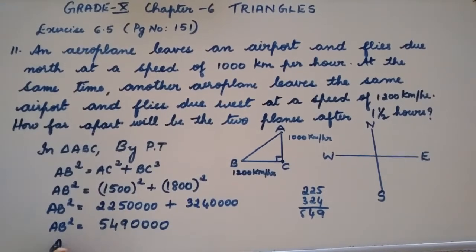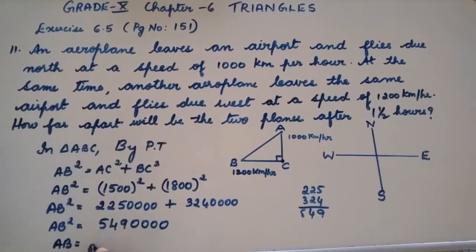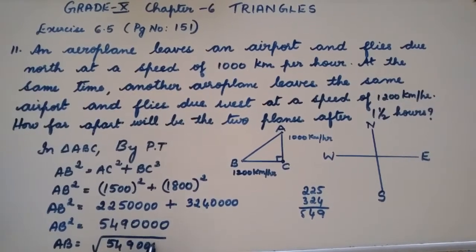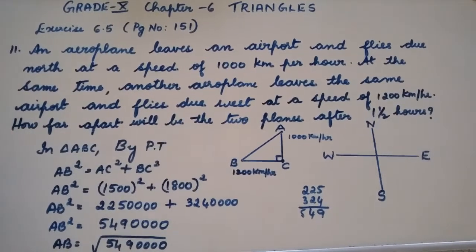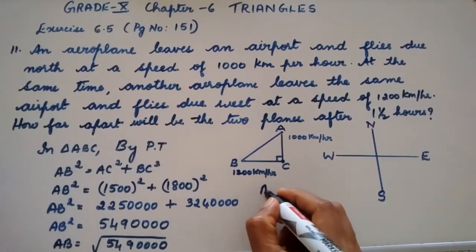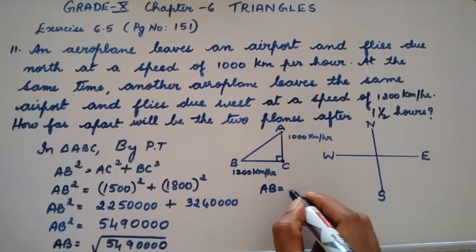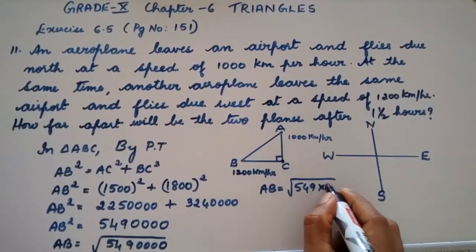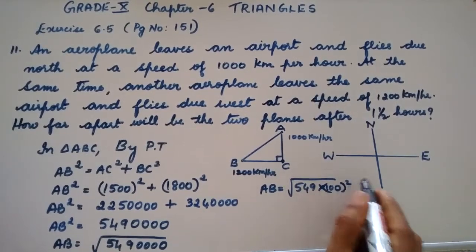So next, AB is equal to root 54,90,000. So next we'll be having AB is equal to root 549 into 100 square.